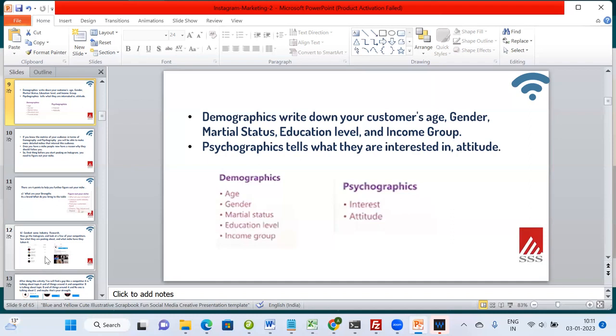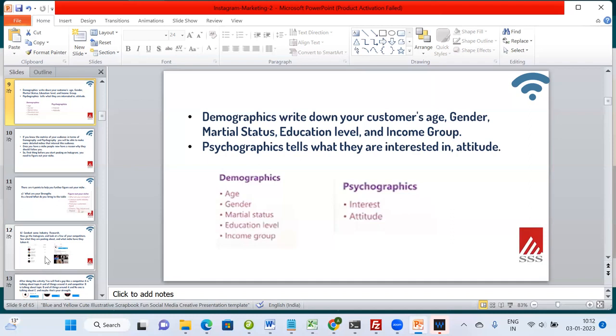Obviously people who are graduating or people who have just passed, so it will be around 20 years, plus or minus 2 to 3 years. Gender will be both male and female. Marital status does not matter here. Educational level is someone who is graduating.